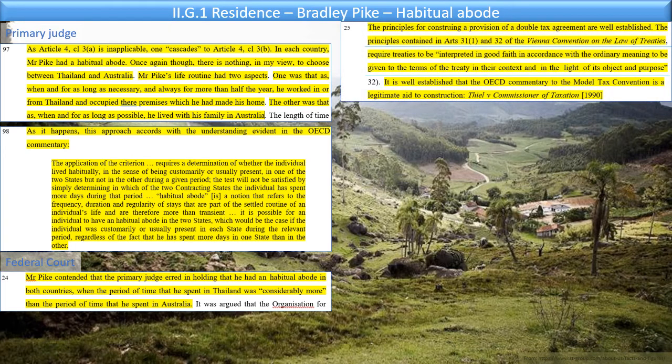And then they quote actually some text from the OECD, which they interpret as meaning that you must count the days, and the judge says that's not true.